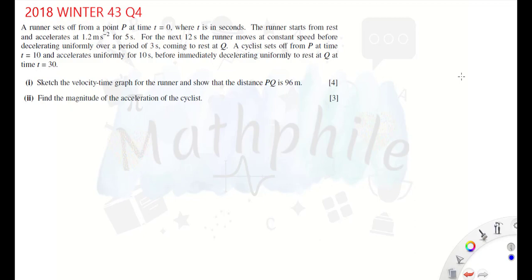Sketch the velocity-time graph for the runner and show that the distance PQ is 76 meters.